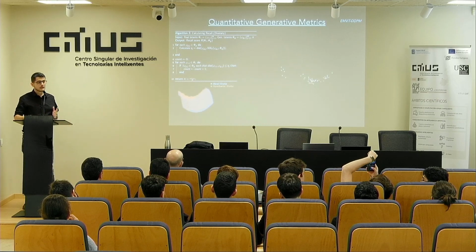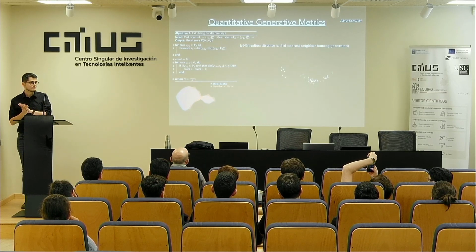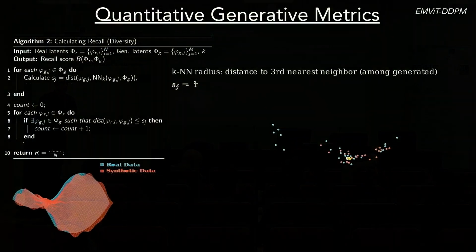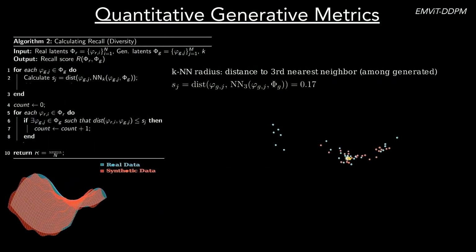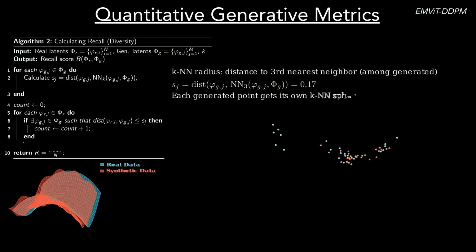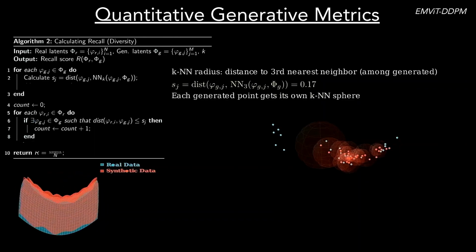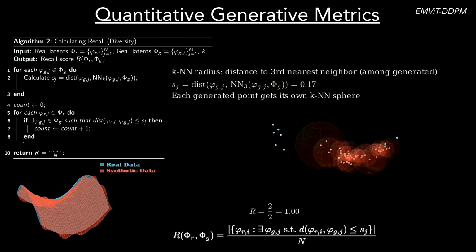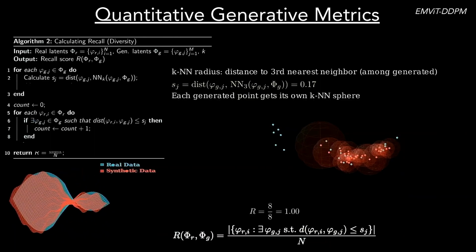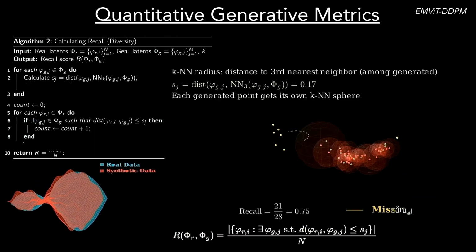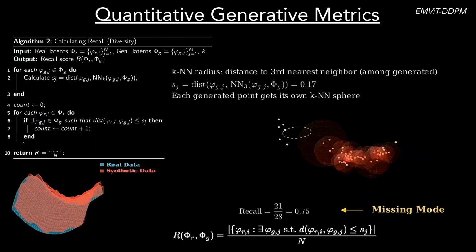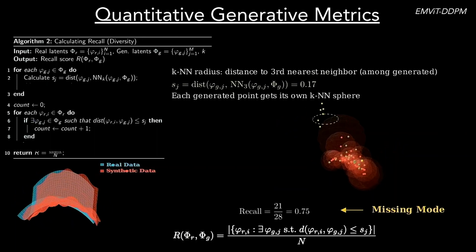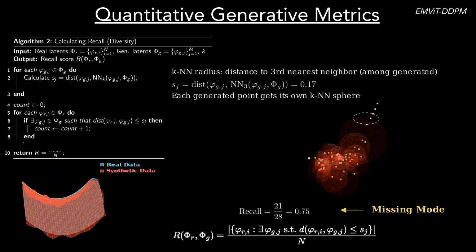Then we can think the other way around, because we can think about whether our generated data represents our real images well. So in this case, we are going to measure if the real samples are close enough to our generated data, divided by the total amount of real samples.